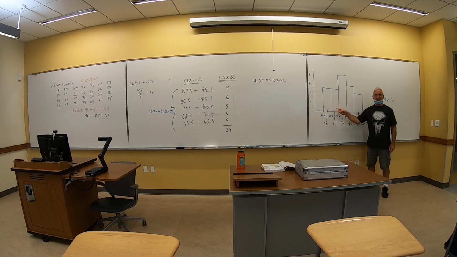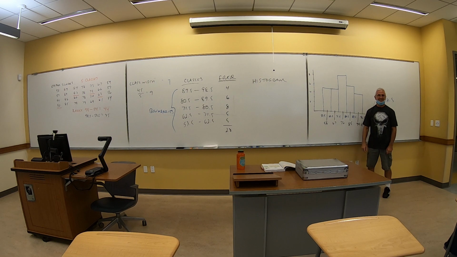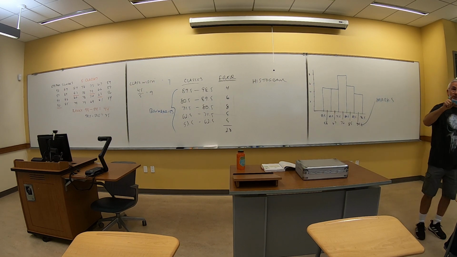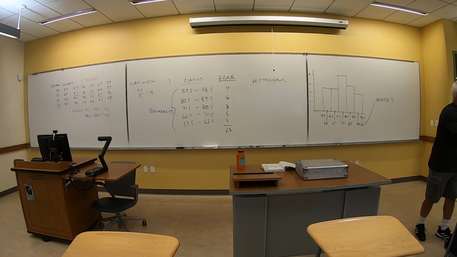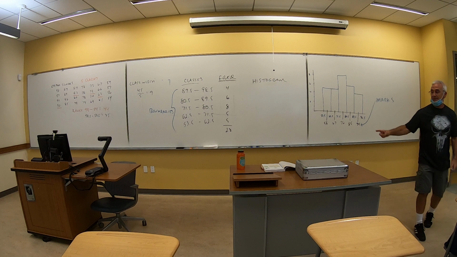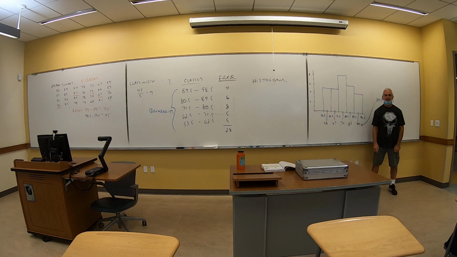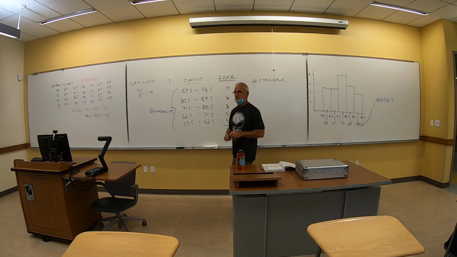Could you find the boundaries? Yeah, find the average of those two numbers. Does that make sense? That's why I don't necessarily need to put all of them on there. If I gave you the boundaries, the class marks are the average. If I gave you the class marks, the boundaries are the average. So it works both ways. Therefore, you only need to do one. You guys with me on that?